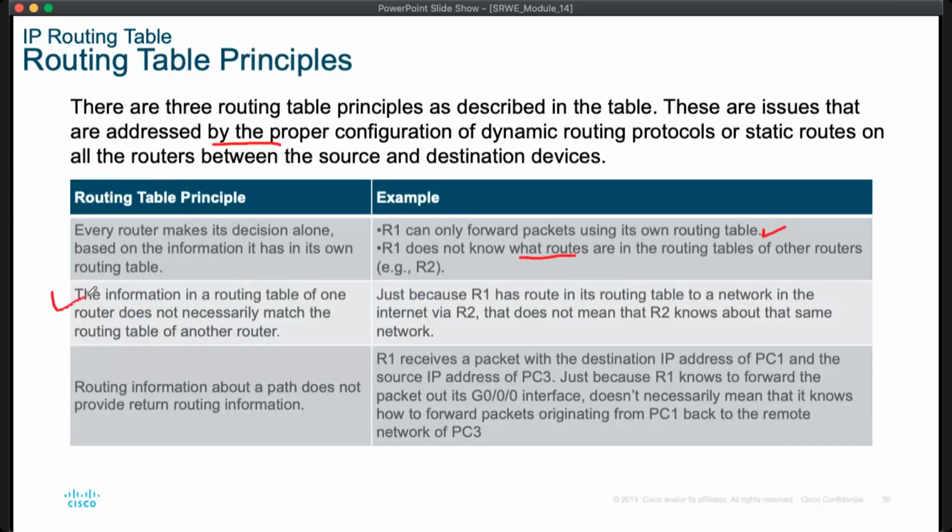The information in the routing table of one router does not necessarily match the routing table of another router. Just because R1 has a route in its routing table to a network in the internet via R2, that does not mean that R2 knows about the same network.